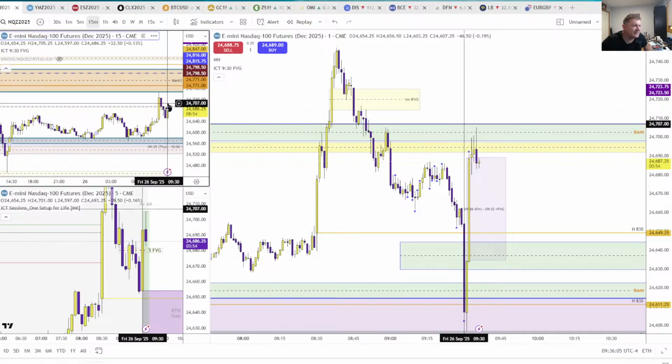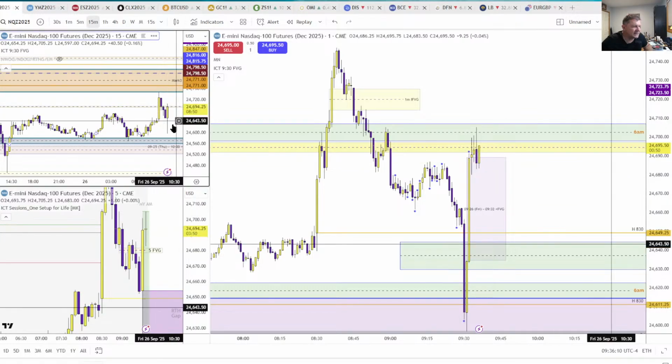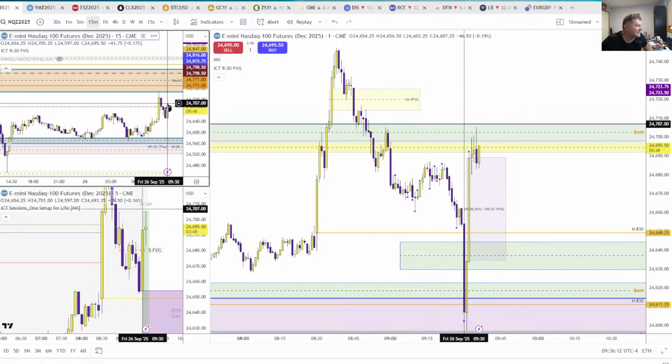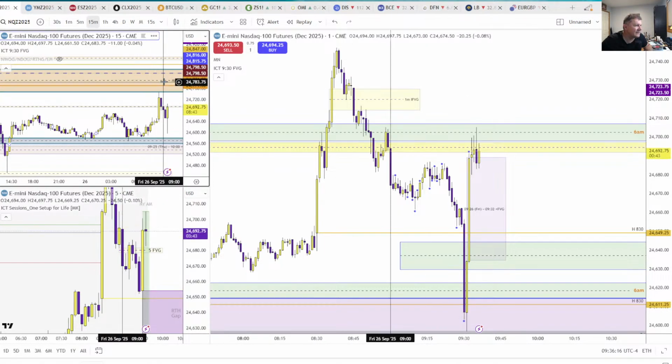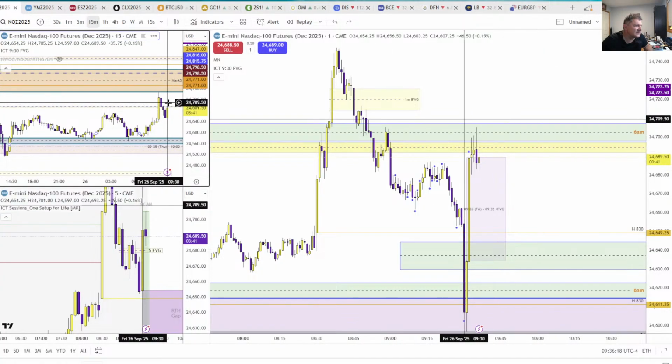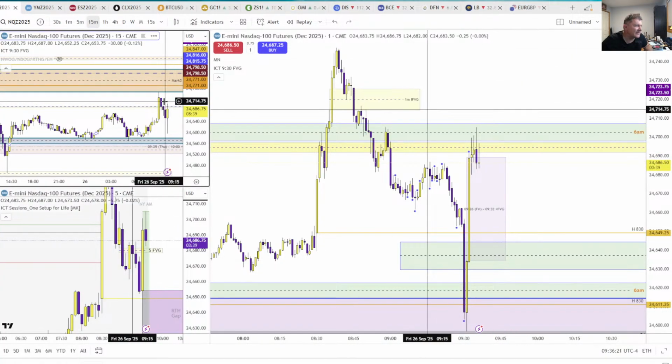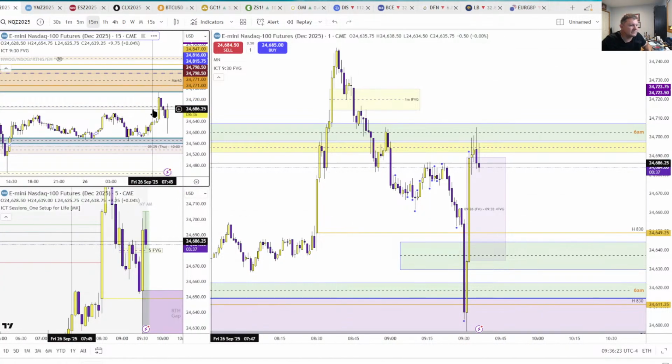Right where it's just tapped to find some resistance and come lower. That would be typically what you'd be looking for, but that can go from there all the way up to here. That consequent encroachment. So from that point to that point, it's all fair game for a reversal.